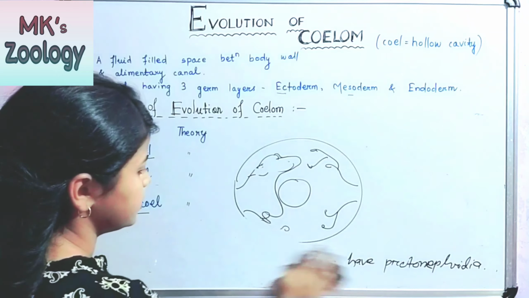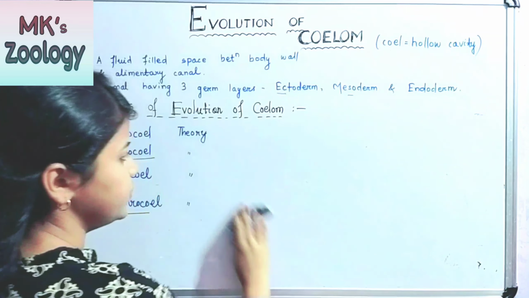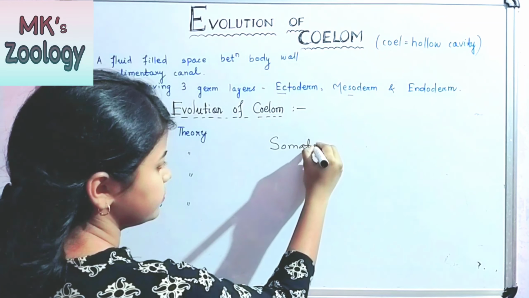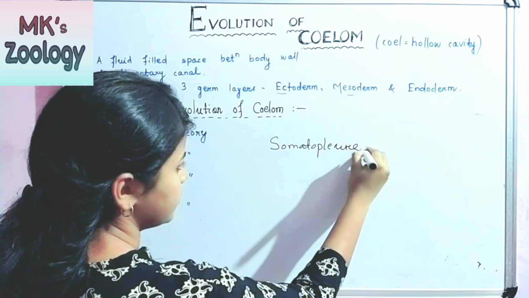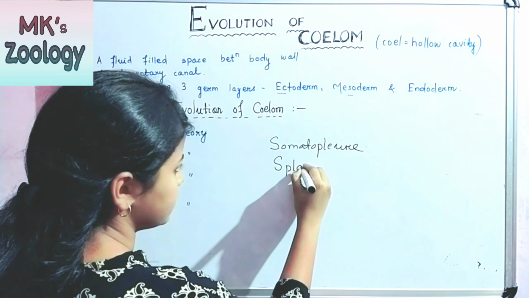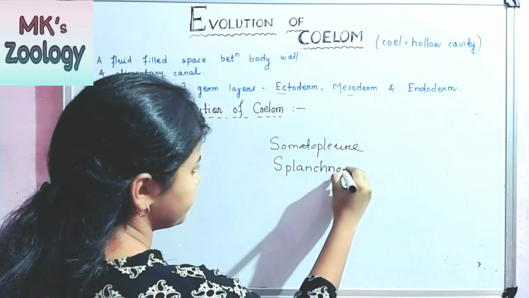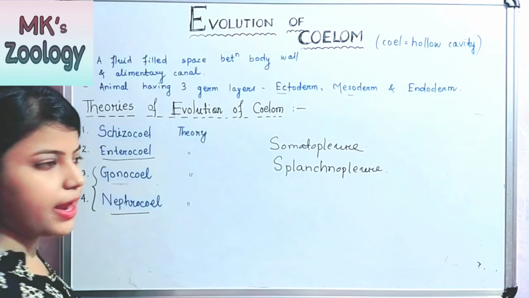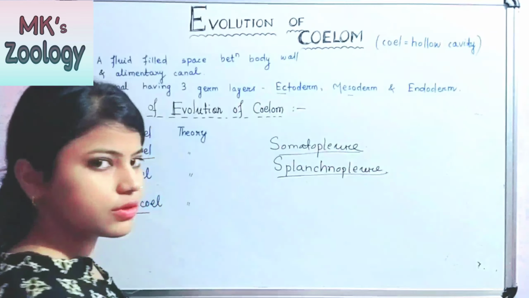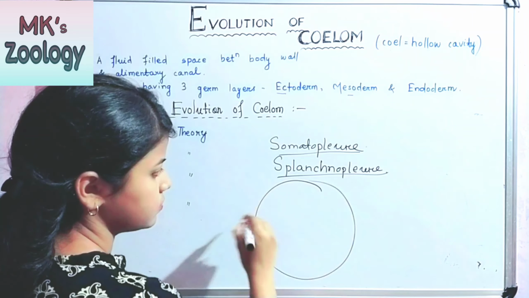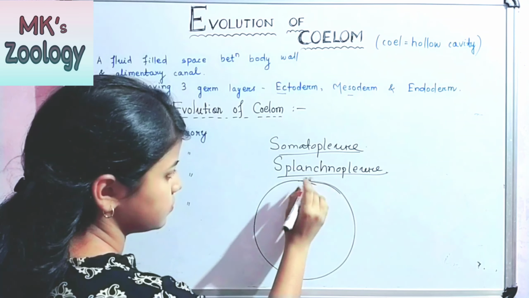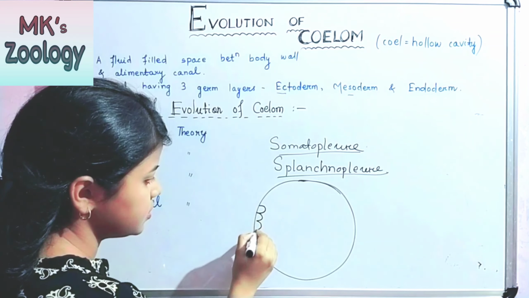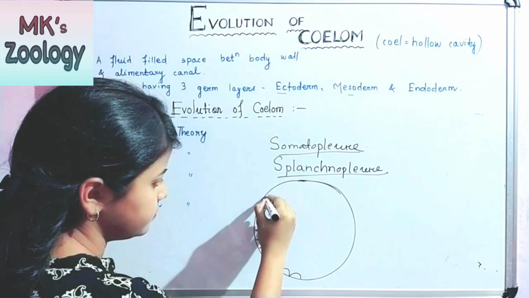Let's see the terms somatopleure and splanchnopleure. What is known as somatopleure and what is known as splanchnopleure? Okay. So here the ectoderm is present here.